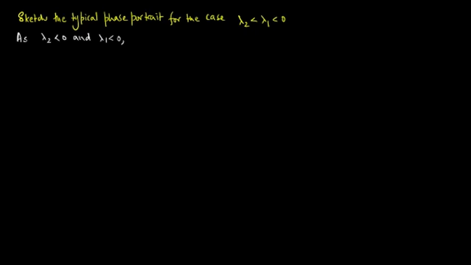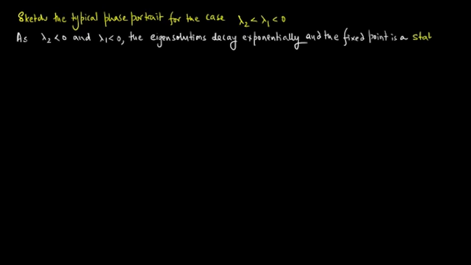Now let's sketch the typical phase portrait for the case lambda 2 less than lambda 1 is less than 0. As lambda 2 is less than 0 and lambda 1 is less than 0, the eigensolutions decay exponentially, and the fixed point is a stable node.